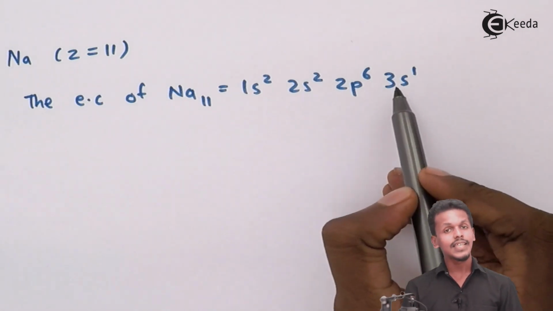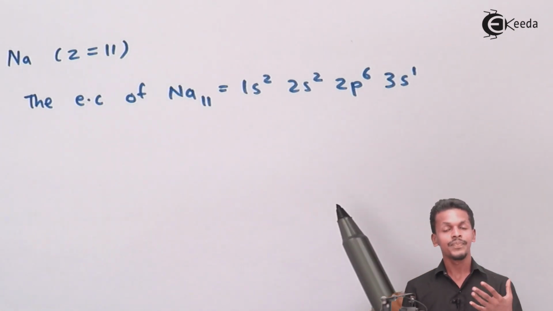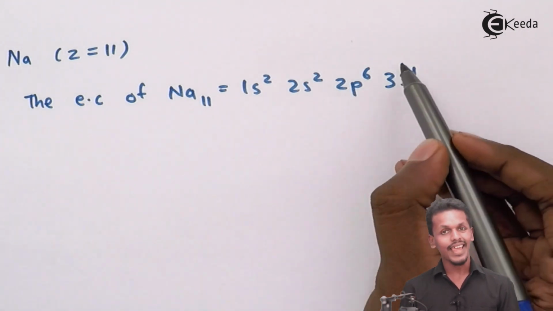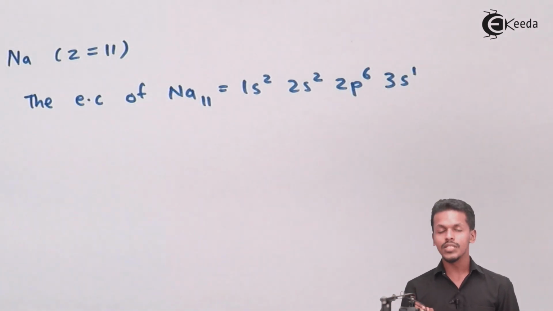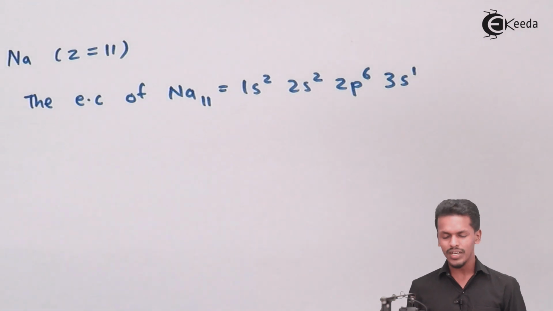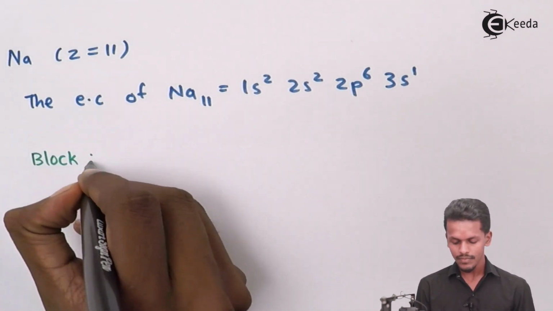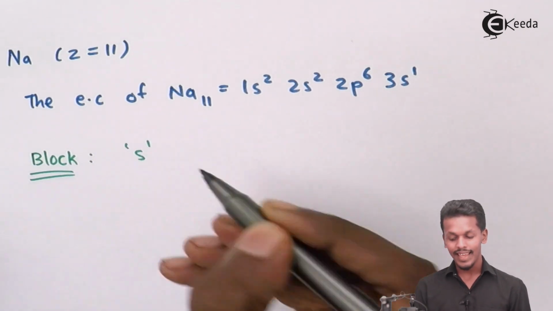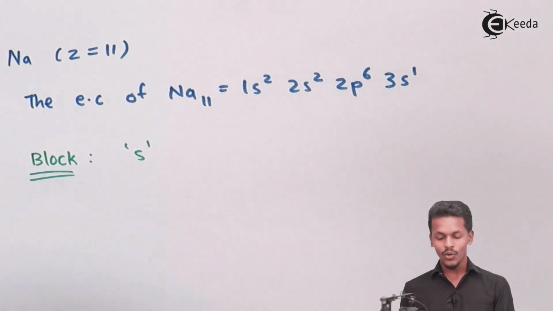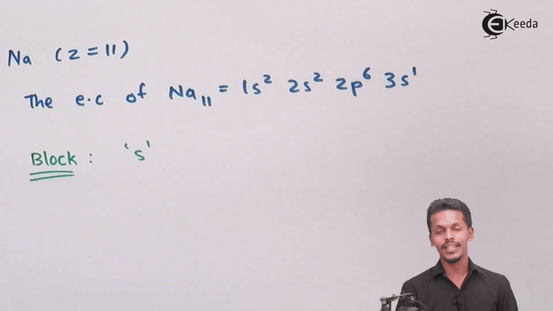So the outermost subshell is s. Since the outermost subshell is s, I can easily say that this belongs to the s block. This is how we determine the block.